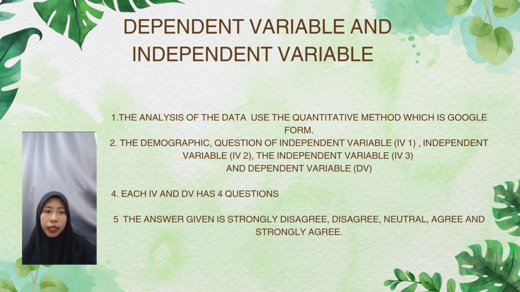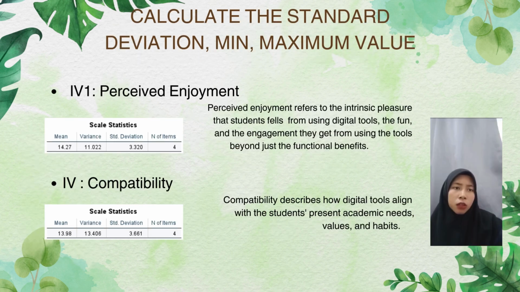Each IV and DV has 4 questions, and the answers given have 5 options: strongly disagree, disagree, neutral, agree, and strongly agree. Okay, we calculate the standard deviations, mean, and maximum value.